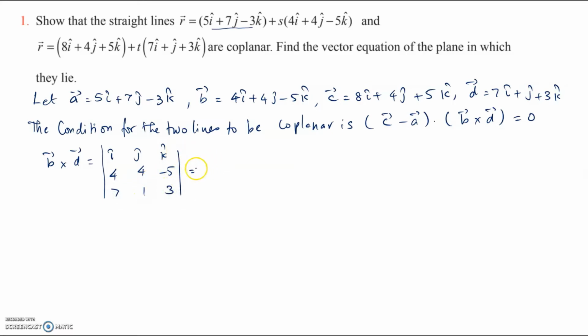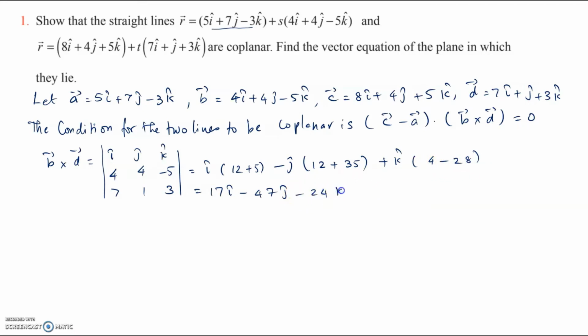So further simplifying this, you can say this is i cap into 12 plus 5 minus j cap into 12 plus 35 plus k cap into 4 minus 28. So simplifying this further, we get 17 i cap minus 47 j cap minus 24 k cap.